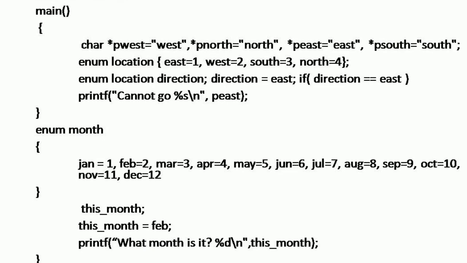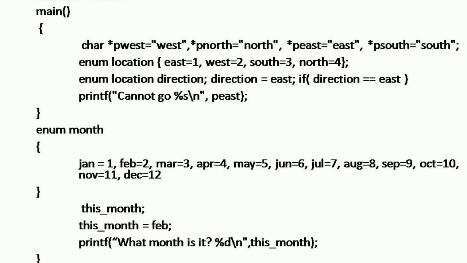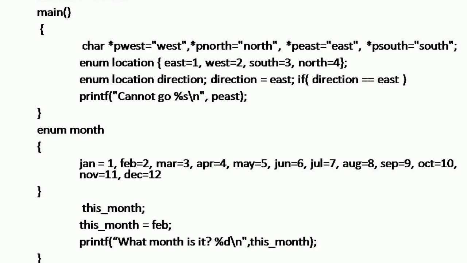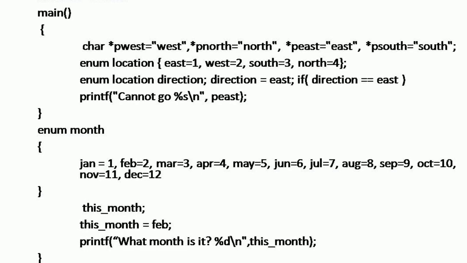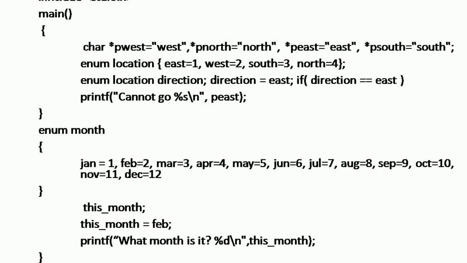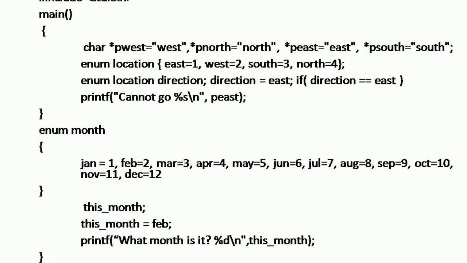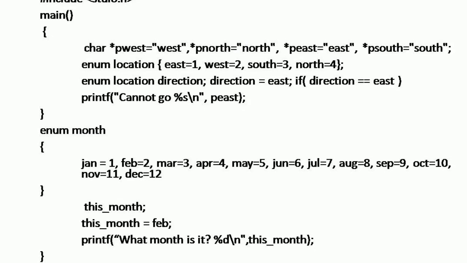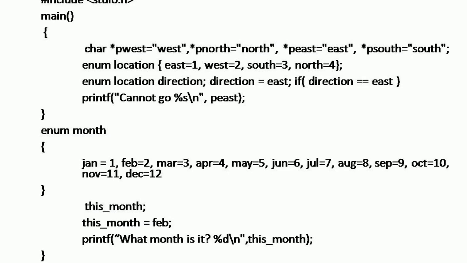This is a month. This month equal to FEB, printf, bracket start, within double quotation, what month is it, question mark, percentage d backslash n, double quotation, after comma, this month, ended with a semicolon, then curly braces closed.